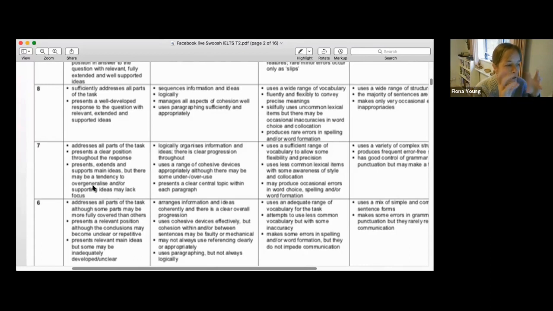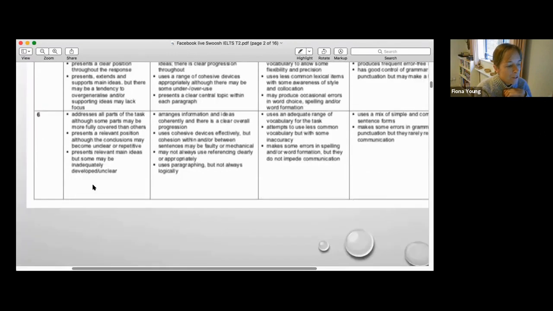So basically, you're answering the whole of the question. You're looking at both sides of the question, if it's a discuss both sides type question, and you're making some good relevant points, and you're extending those points and giving examples, and your opinion is clear. Okay, so that's a 7.